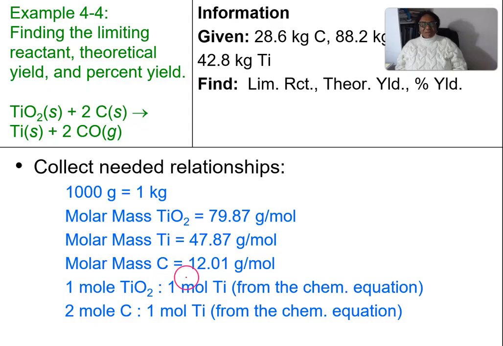The molar mass of carbon is 12.01 grams per mole. And 1 mole of titanium 4 oxide produces 1 mole of titanium. We got this from the chemical equation. And 2 moles of carbon will produce 1 mole of titanium, which is also obtained from the chemical equation. We are going to use all of these as conversion factors.